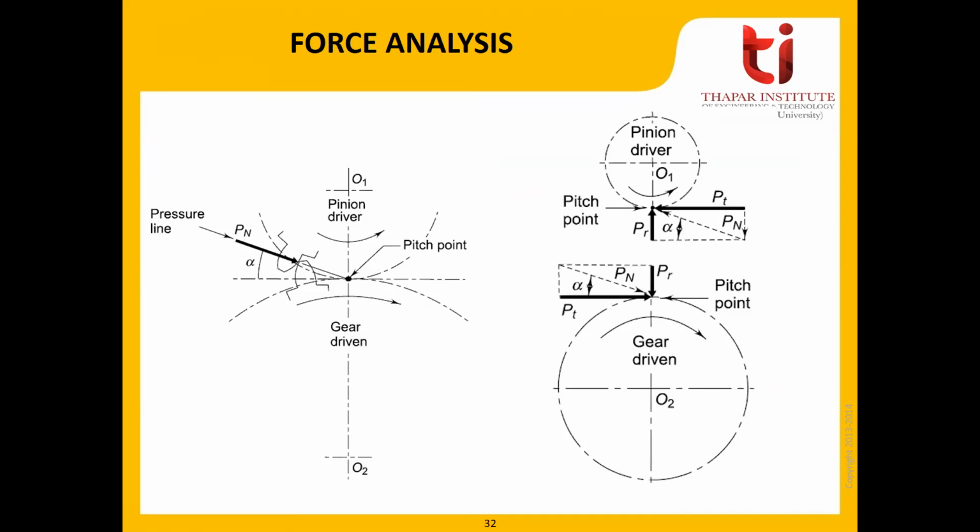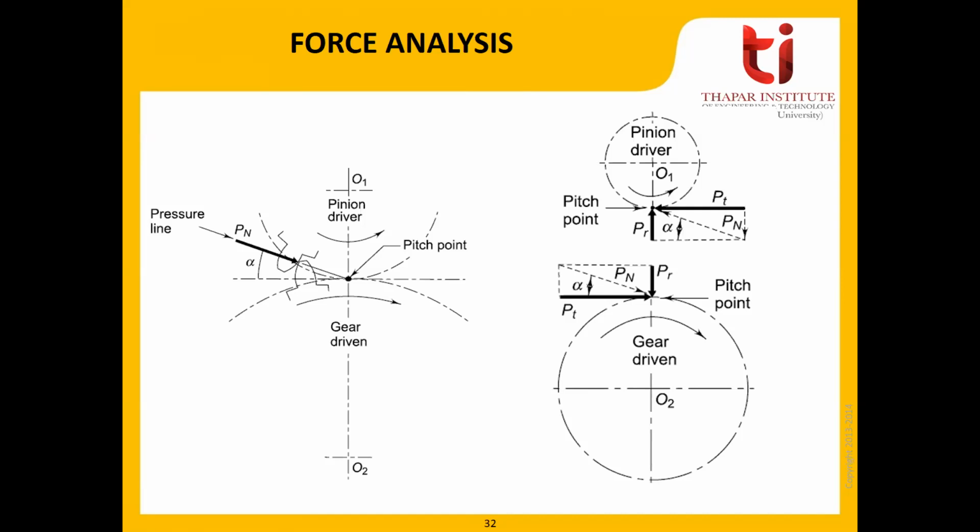So this is the important part, force analysis, to design the spur gear or any gear tooth. To understand this force analysis, we have to understand the free body diagram.